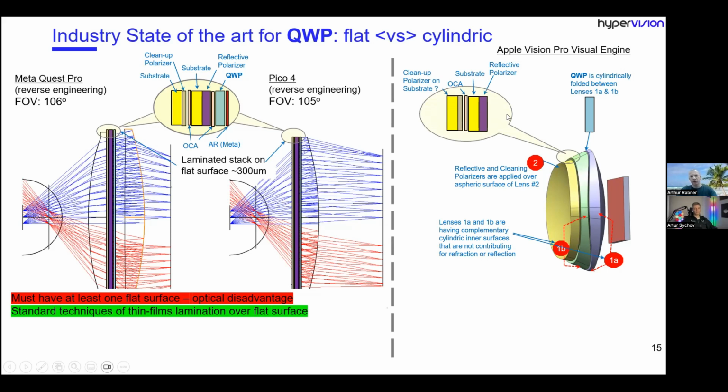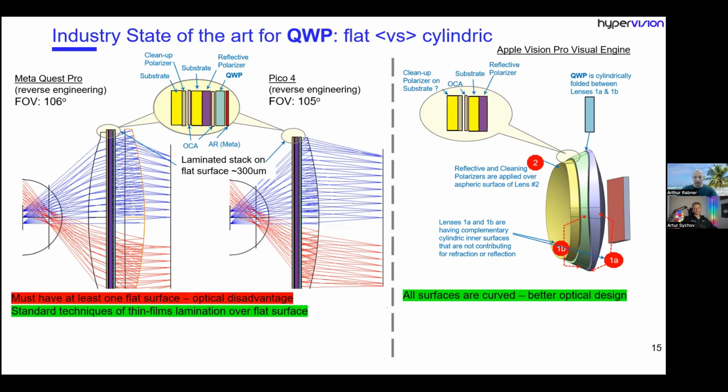You need to stretch a flat thin film over an aspheric surface. There is a yield in this process, but Apple did that, and all respect for the vendor of Apple who did manufacturing for it. I think it's GCO, a Taiwanese company, if we assume correctly. And big respect for this company.